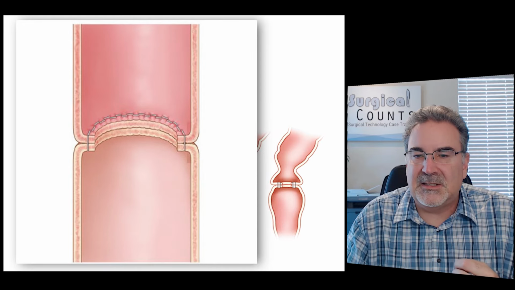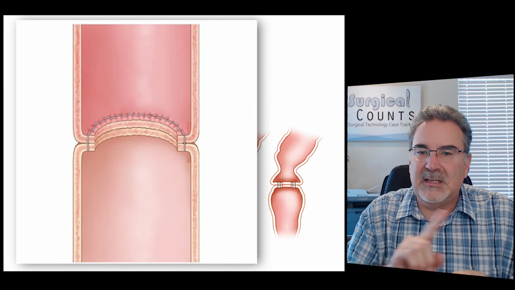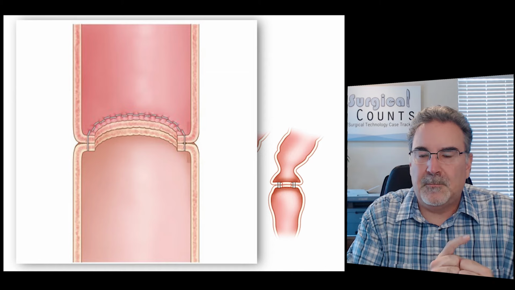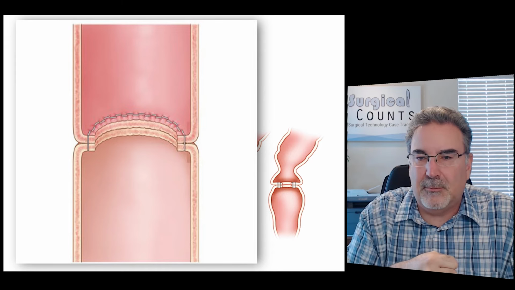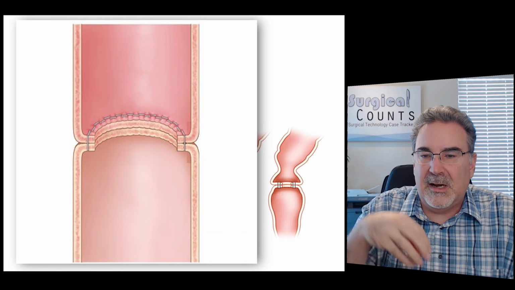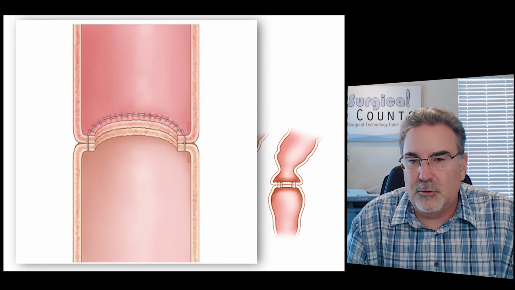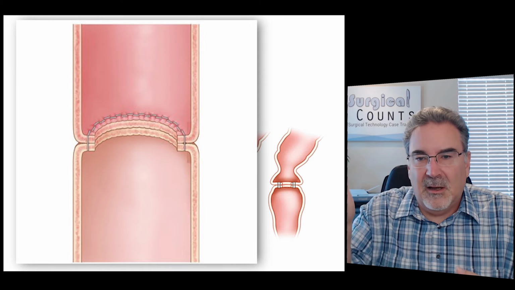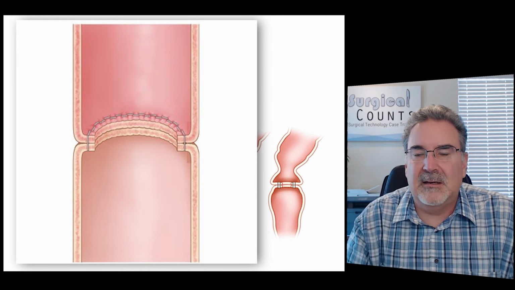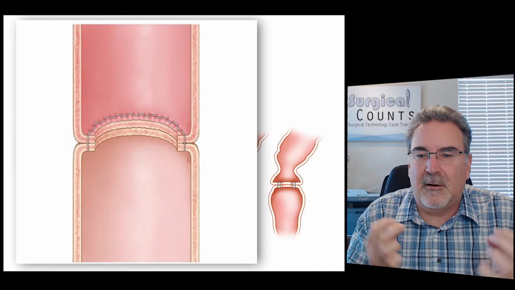One, it's going to staple all the way around and create a nice circle with those staples. And then it's going to cut out the middle in between those staples. So it's going to cut through the middle, create an opening between these two tubes, create an anastomosis that's going to allow the contents of tube number 1 to pass into tube number 2 while sealing off all the edges around that.